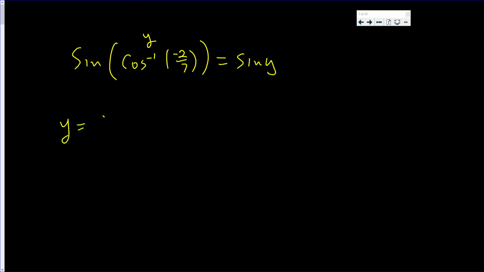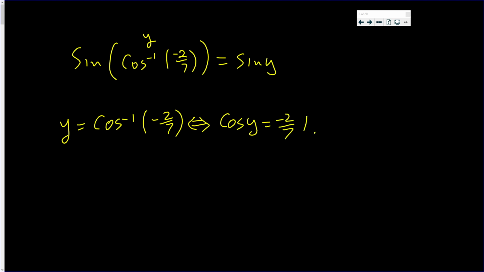Well, if y is equal to the cosine inverse of -2/7, that means that the cosine of y is equal to -2/7. And for cosine, y is in between 0 and pi, which means quadrant 1 or quadrant 2.